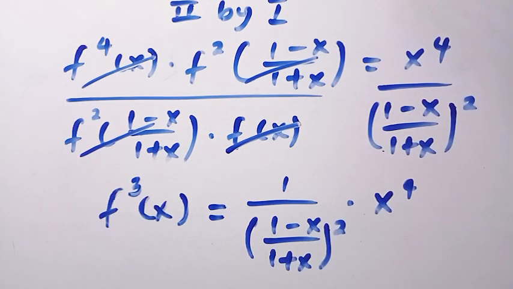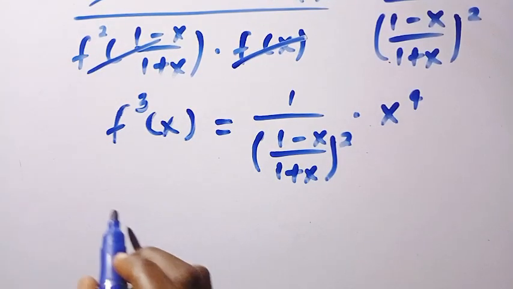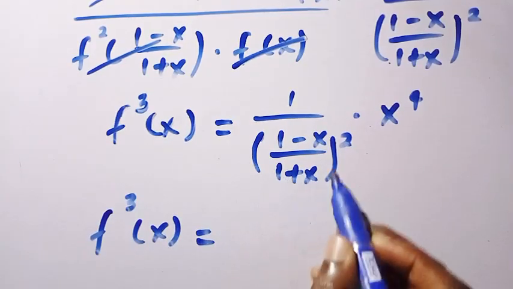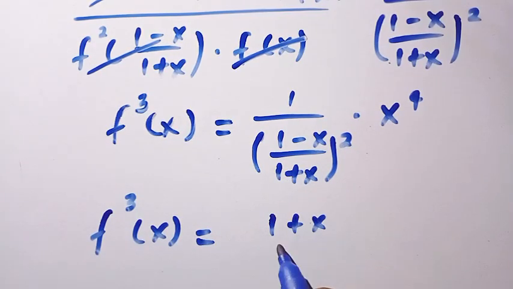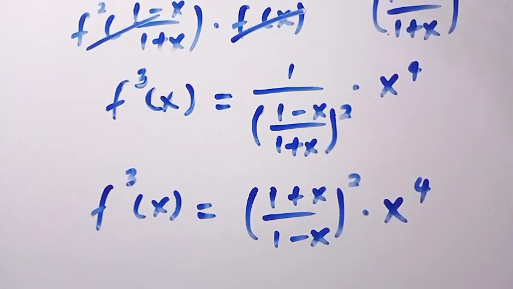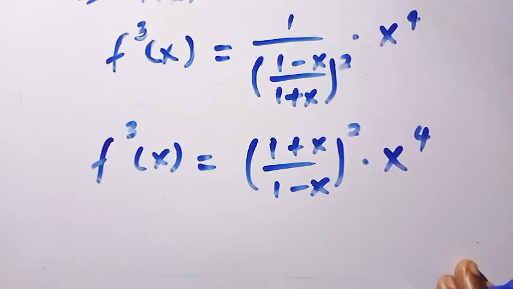By taking the reciprocal, we have f raised to power 3 of x equals ((1 plus x) divided by (1 minus x)) all raised to power of 2 multiplied by x raised to power of 4. And to get f of x only, the final thing we are going to do here, have you guessed? Yes, I hope you might have guessed by now that we have to take the cube root of both sides.